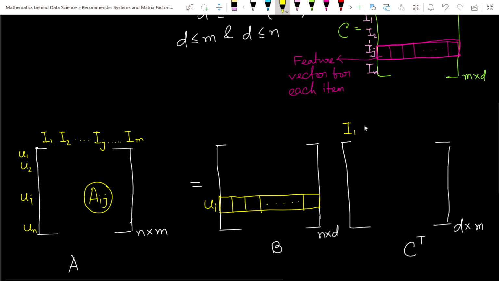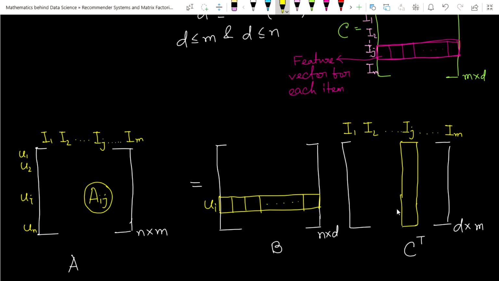If we consider I1, I2, somewhere here it will be Ij up to Im. This value is the d-dimensional features vector for each item.